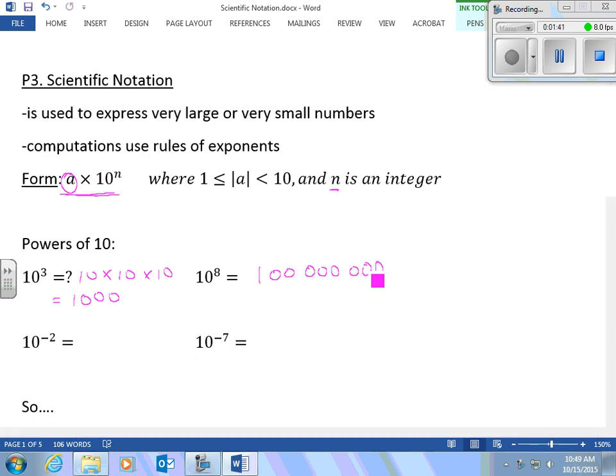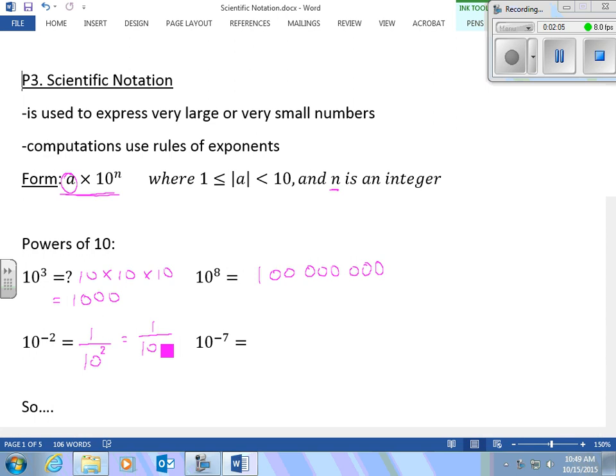If you go back to our exponent rules, when we have a negative exponent, that's the same as saying it's 1 over 10 to the positive exponent. So that's 1 over 10 squared, which is 1/100th. So now you can see that a negative exponent is going to be used for the very small number piece in scientific notation.